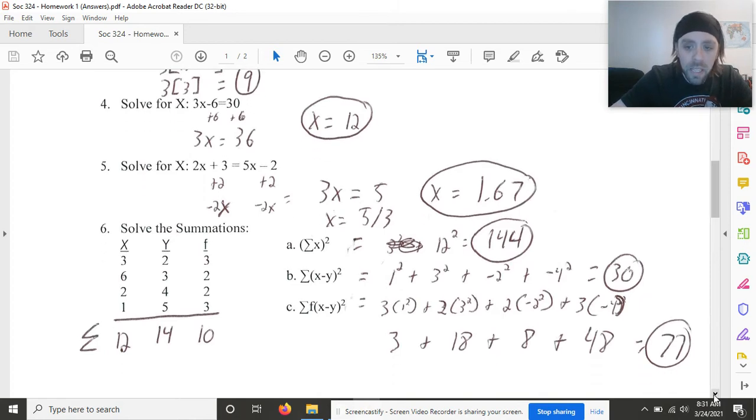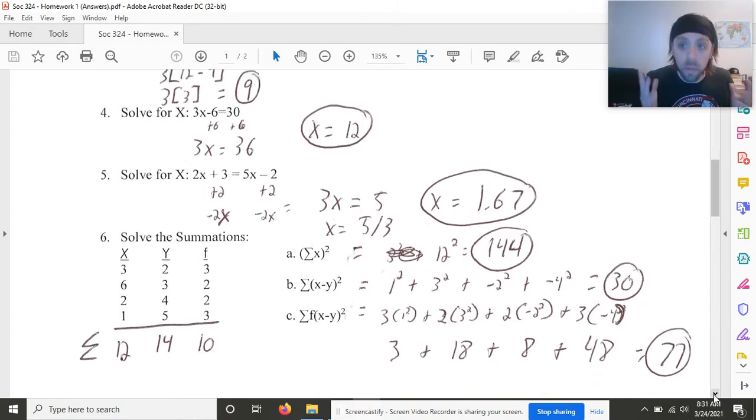If you picked up on it, you could have gotten away with doing a lot less work for this third one here of 6C. Notice the instructions here are the summation of f and then in parentheses x minus y squared. Well, I already did x minus y squared. I already did that for each row. So notice how I just took what was on the top, what was in B, and converted that down below.